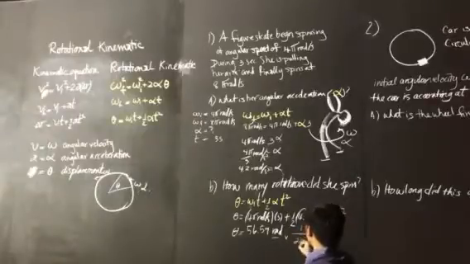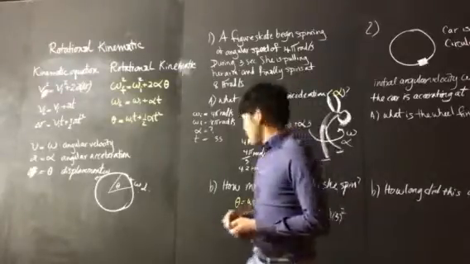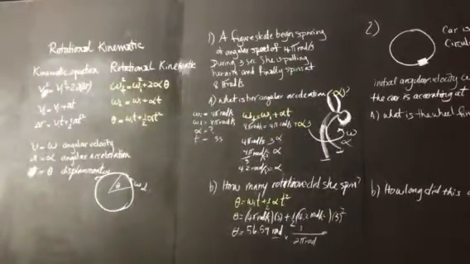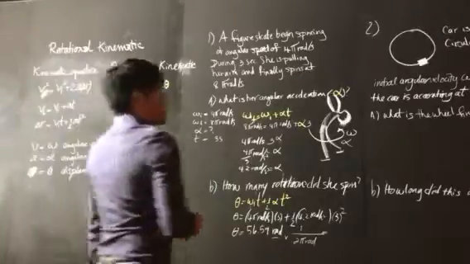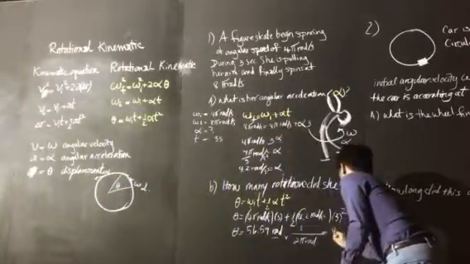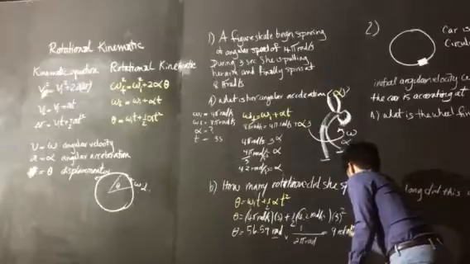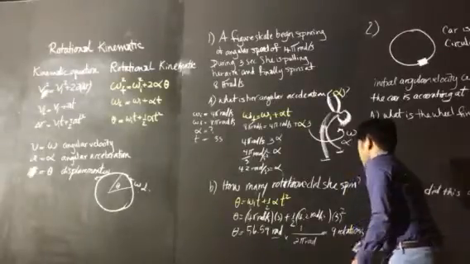We're going to have to divide by 2 pi radians. So basically you divide that by 2 pi. And the answer you should get is exactly 9 rotations. That's how you get the answer.